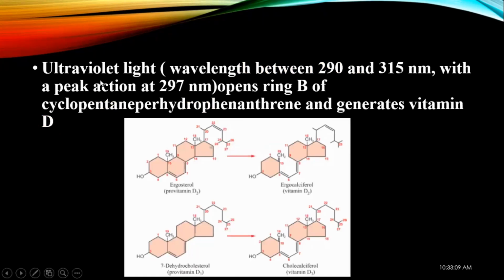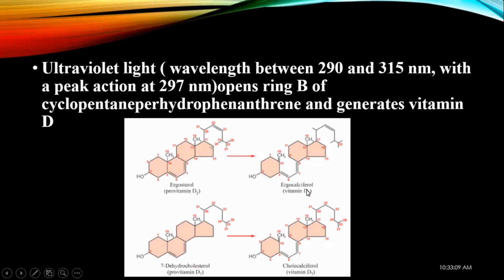For the conversion of ergosterol and 7-dehydrocholesterol to ergocalciferol or cholecalciferol, we need a specific wavelength of ultraviolet light, between 290 to 315 nanometers, with peak action at 297 nanometers. After exposure to this ultraviolet light, it opens the B ring of the cyclopentanoperhydrophenanthrene ring. This four-ring nucleus forms a cyclopentanoperhydrophenanthrene ring, and this B ring opens when treated with ultraviolet light, so that it is converted to the vitamin.